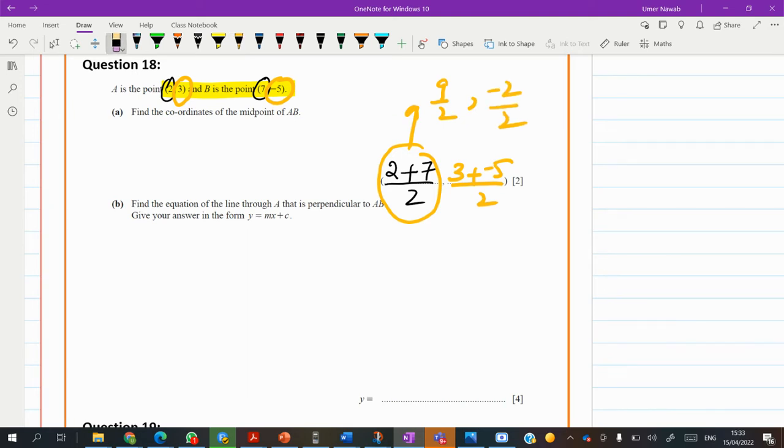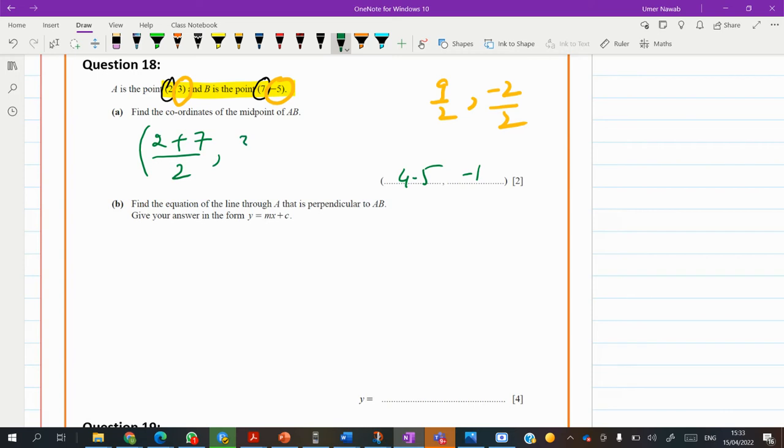So the final answer is 4.5 and minus 1. Let me write it here: the coordinates 2 plus 7 over 2 and 3 plus minus 5 over 2, and then I write the midpoint. He said to find the equation of a line passing through A and perpendicular to AB.